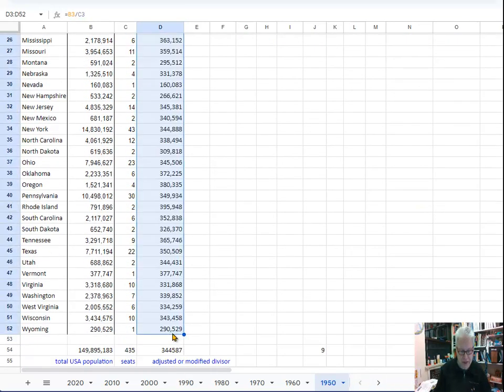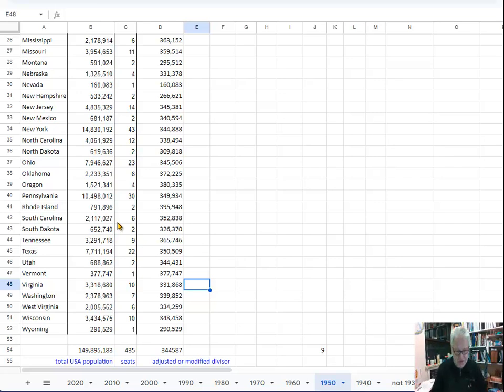And if we look at the last ones, yeah, they're all different, because we have to have integer numbers for seats, and it's not just one certain amount of people living there per one representative, but they're different from one state to the other.